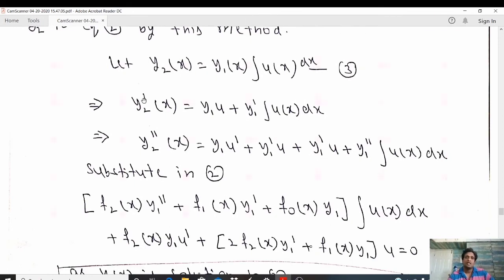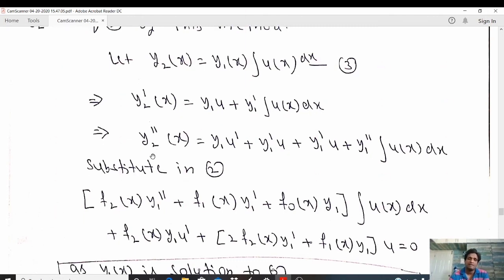Okay. So y2 dash of x: y1(x) is one function, and the integration is the second function, a product of functions, so we take the derivative of the product. Derivative and integration are inverse functions. So it is y1 u plus y1 dash, that is, the differentiation of y1, times the integration of u(x) dx.